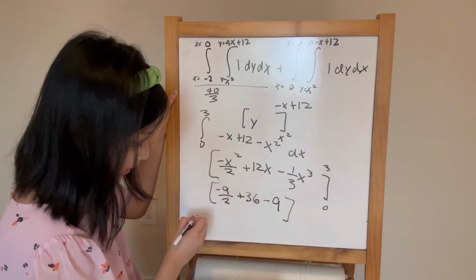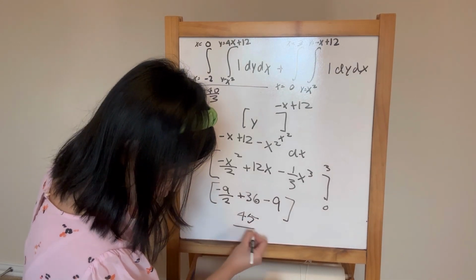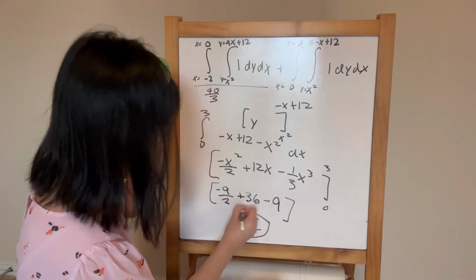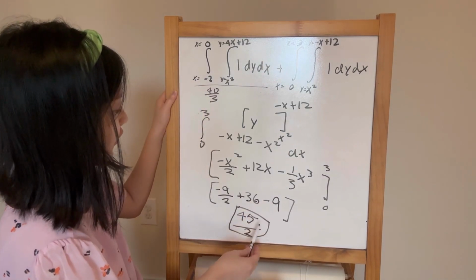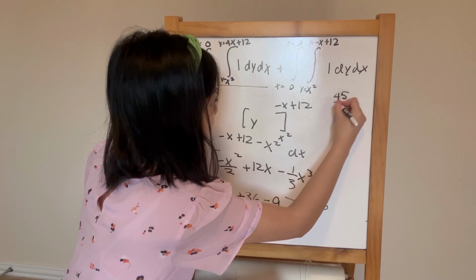And all of this simplifies to 45 over 2.